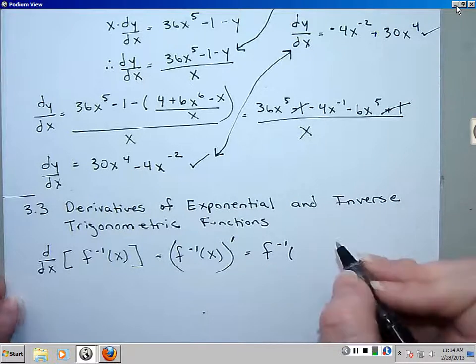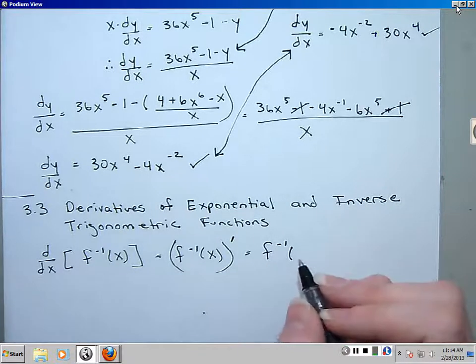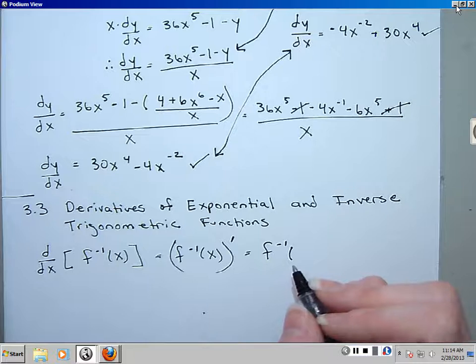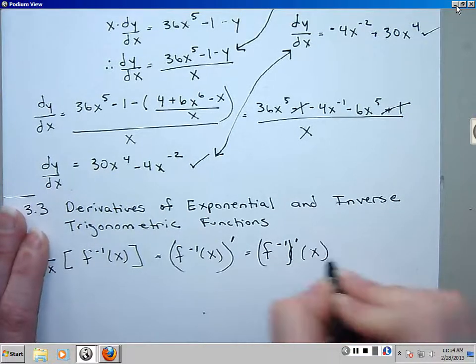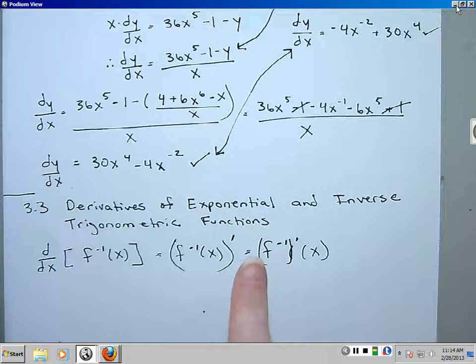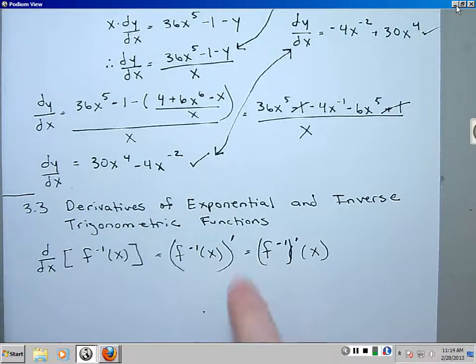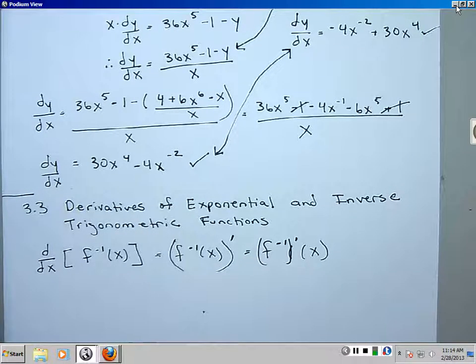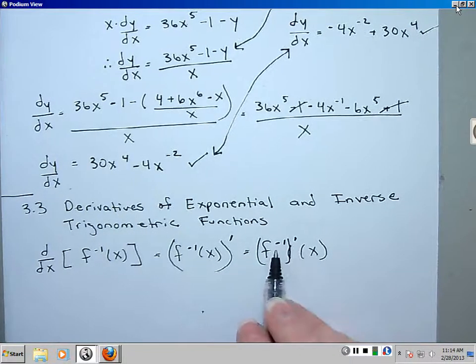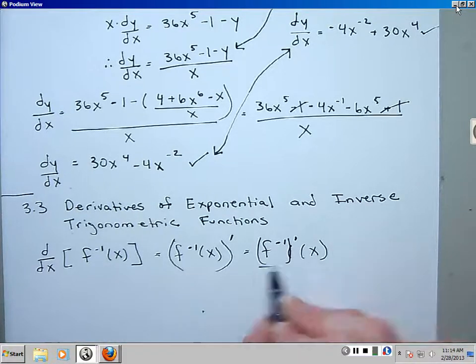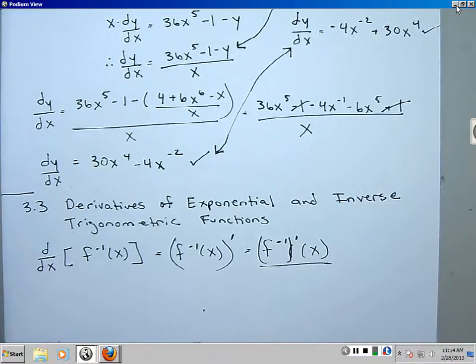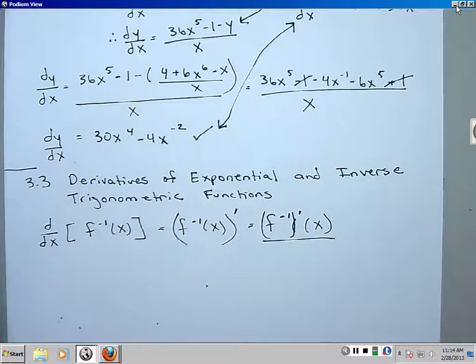But can you see how that can get confusing, especially if you're sloppy about the way you write the inverse in the derivative? I typically will write it like this. Your book does it like that a lot, but don't get too caught up on that. So this is just saying the derivative of the inverse.